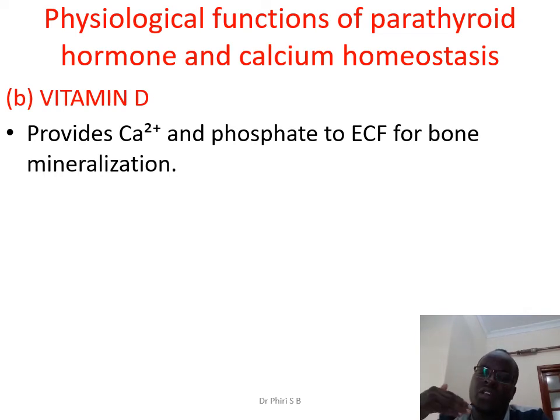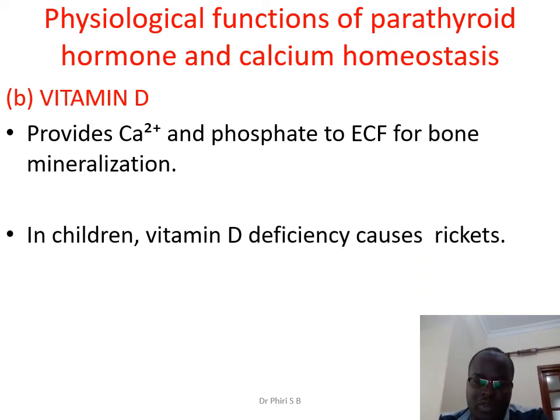It's also causing bone resorption to some extent. So you find that you have an increase in calcium and phosphate concentration in the extracellular fluid compartment that is required for bone mineralization. That's why for you to have strong bones, you need vitamin D. For you to have strong teeth, you also need vitamin D, because that will bring about mineralization of the bone tissue, the deposition of salts or minerals into the bone tissue.